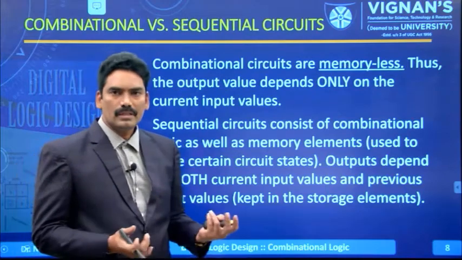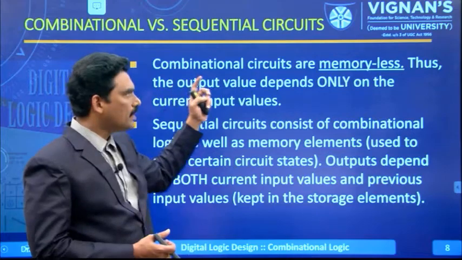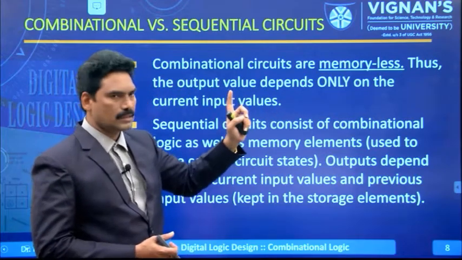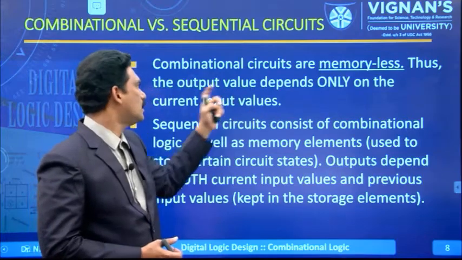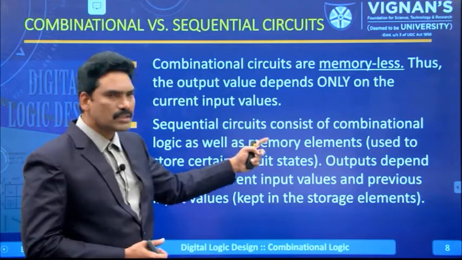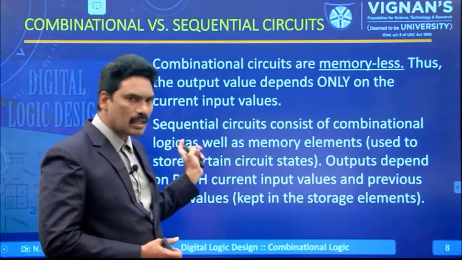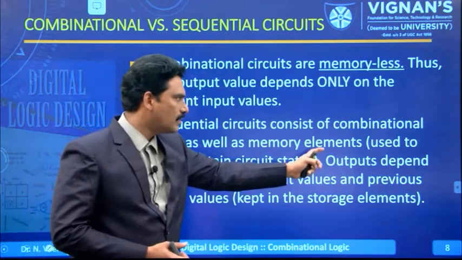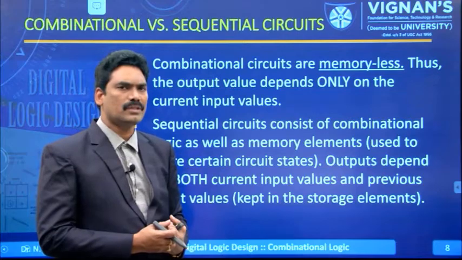And there is no memory element in combinational circuits. Combinational circuits are memoryless. Thus, the output value depends only on the present input values. Whereas sequential circuits consist of combinational logic as well as memory elements. What is the use of these memory elements in sequential circuits?